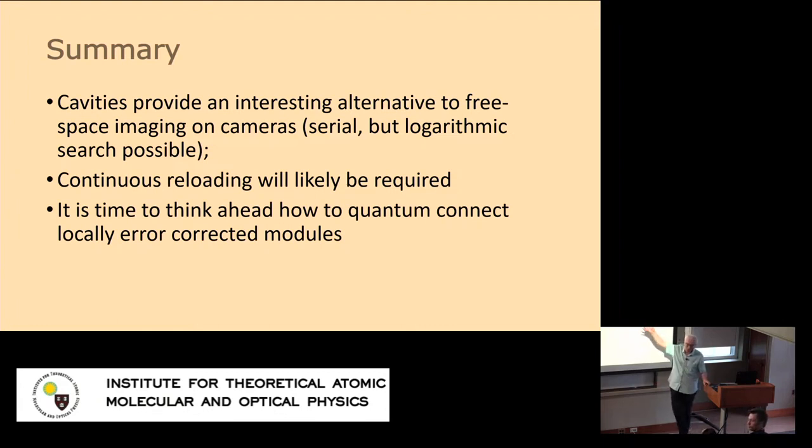Of course, you can also do atom number resolving measurements with this cavity pretty easily. So you could maybe first detect the number of errors that you have before you start searching for them, and maybe there are more clever ways to do it as well. I would just like to point out, with the cavity, 1 microsecond or even 100 nanosecond readout is not hard, right? So that's a big factor potentially.